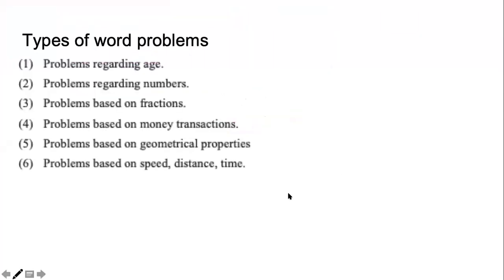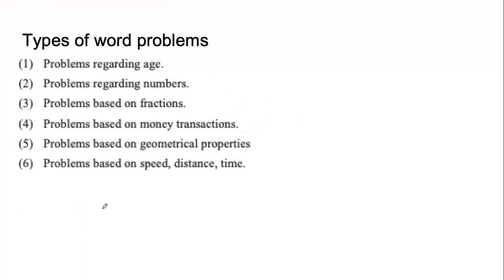Right. You would remember that we also studied last year that these will be the different types of question with regards to word problems of linear equations in two variables. Problems regarding ages, you saw Sakshi and Sarthak. Problems regarding numbers, the example that we solved just now.